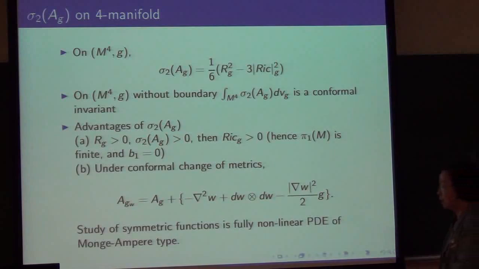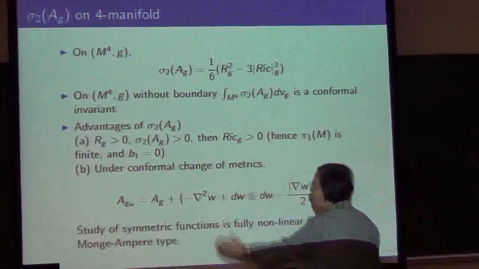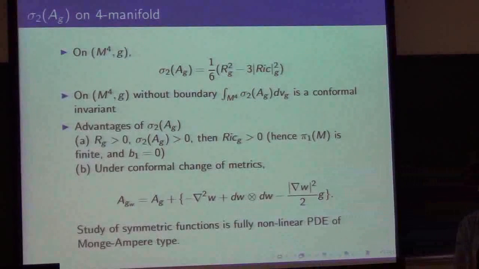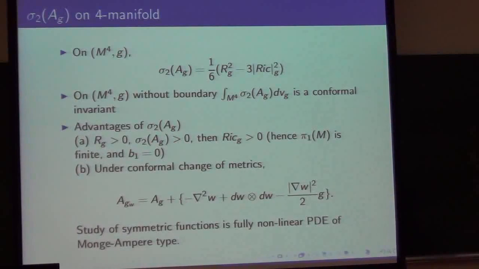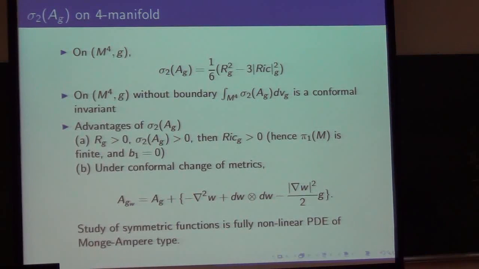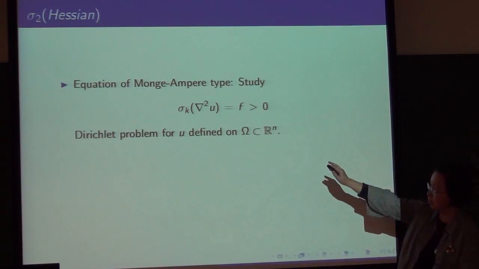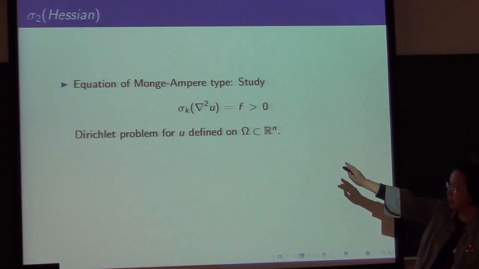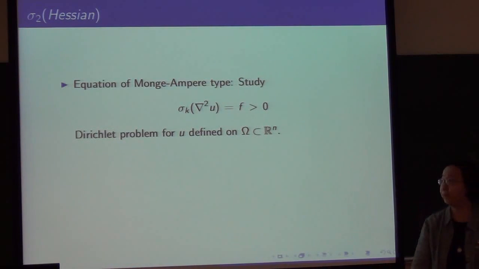So to study its symmetric function, it's almost like studying the Hessian of w, and that's similar to the fully nonlinear PDE of studying the Monge-Ampere equation. For example, if we ignore the lower order term, then that's like studying the symmetric function of the Hessian.